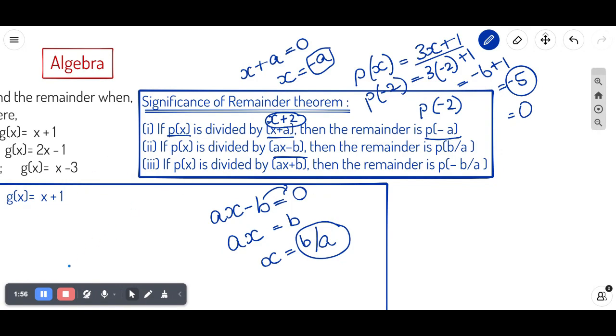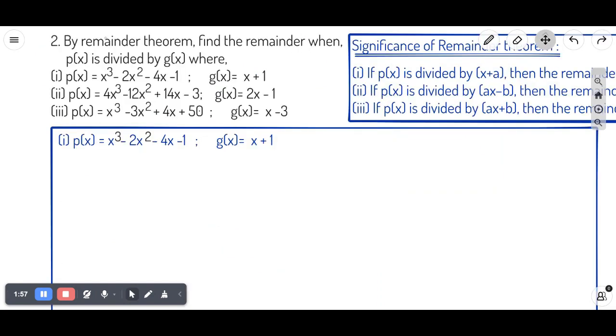This is how you are going to apply it for the following sum. So let's move on to our question. By remainder theorem, you have to find the remainder when p of x is divided by g of x. For the first question, they have given a p of x and the g of x.